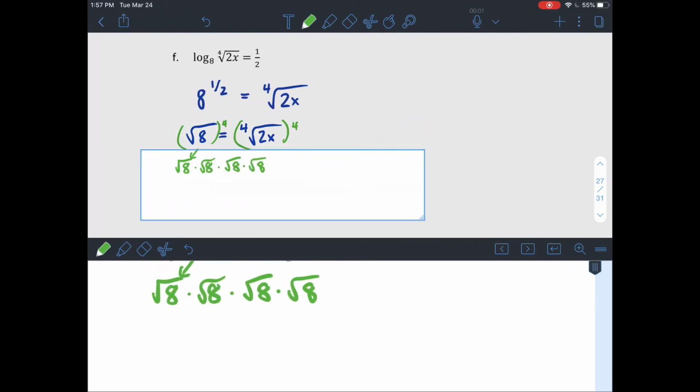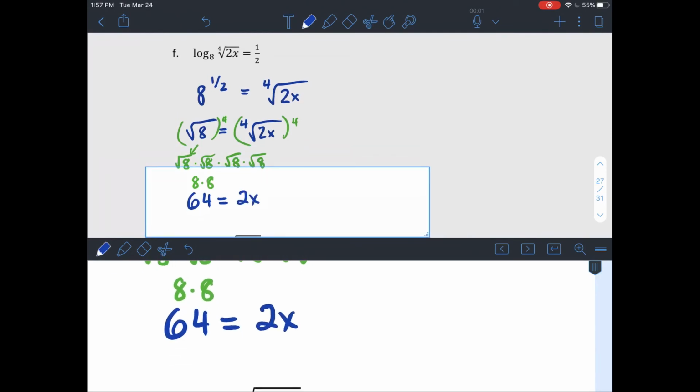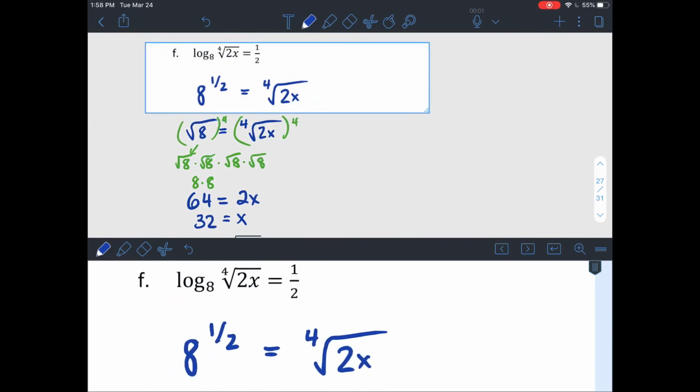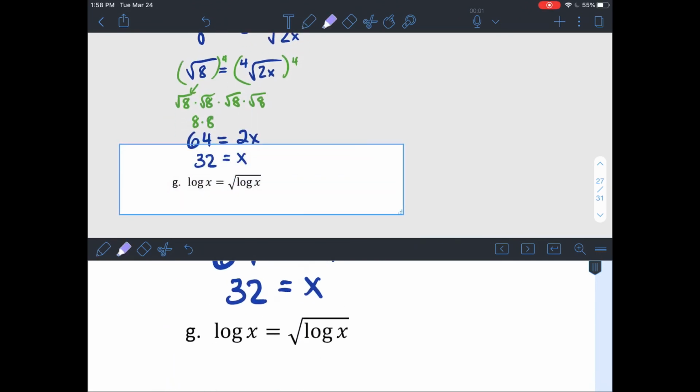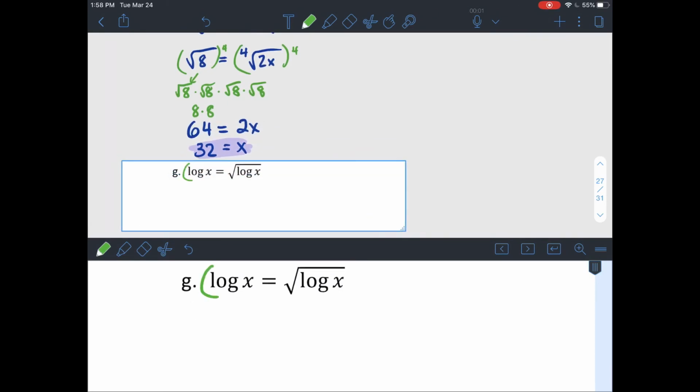So like square root 8 times square root of 8 would give you 8, and then 8 times 8 is going to give you 64 equals 2x. Divide by 2, and you get x equals 32. Just make sure that when you plug that back in, you get a value greater than 0, and you do. No big deal.